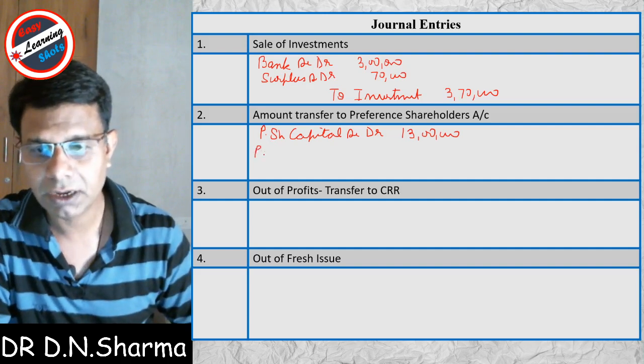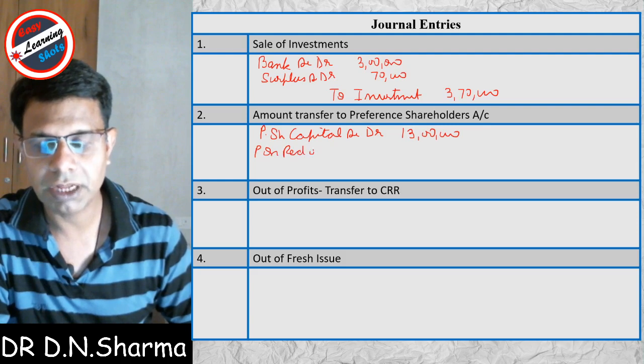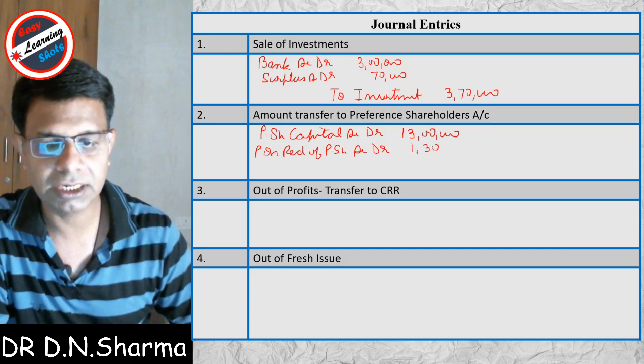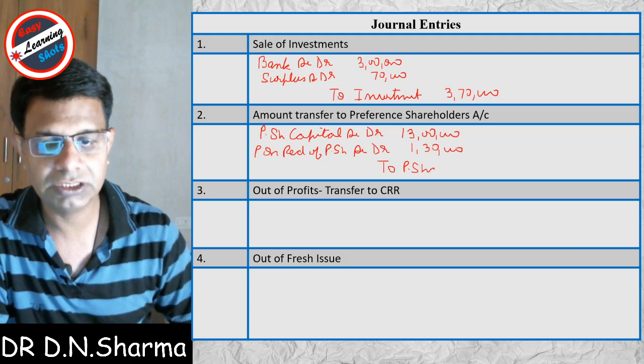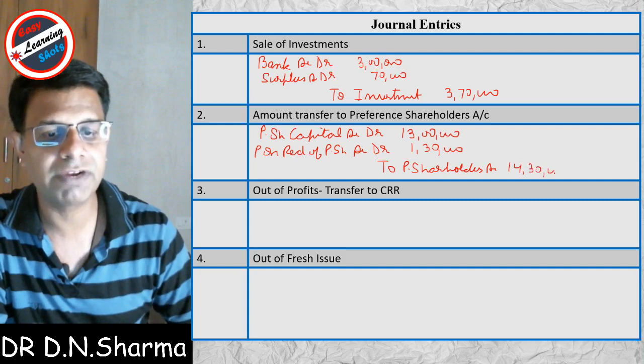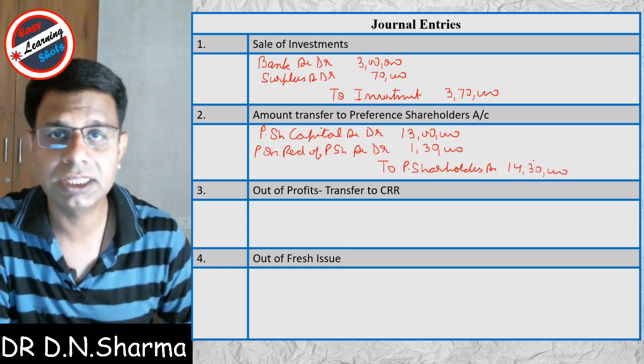So we debit premium on redemption of preference shares account, and premium is 1,30,000, and the total liability is transferred to preference shareholders account, and the total liability which the company pays to the preference shareholders is 14,30,000.